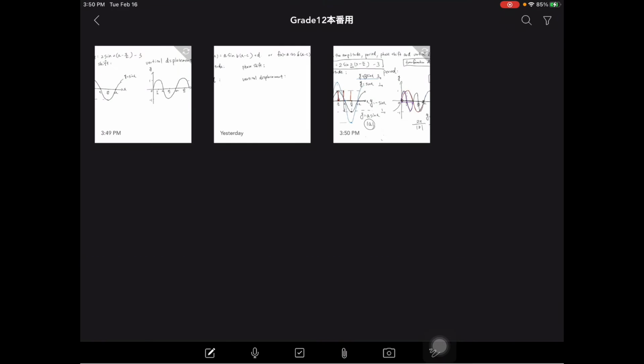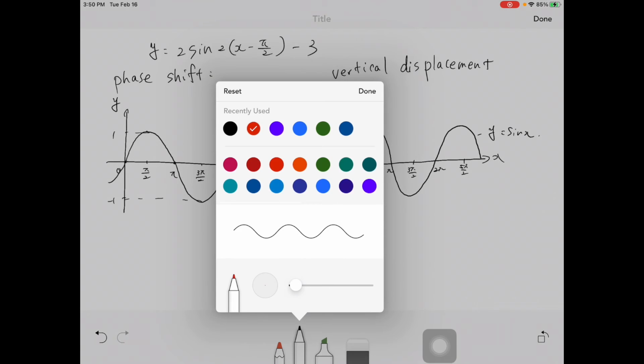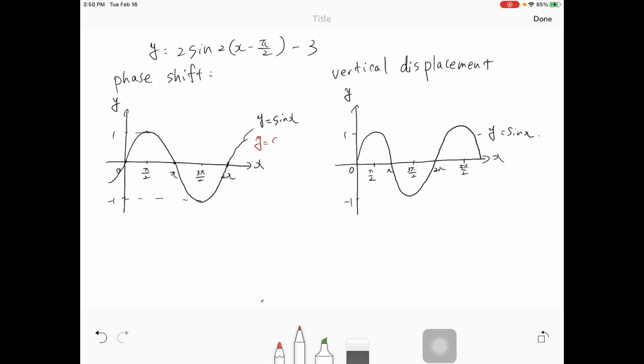Okay. And next, let's work on phase shift. I've already sketched the graph for y equals sine x like before. And let me sketch another graph, which is y equals sine of x minus pi over 6.